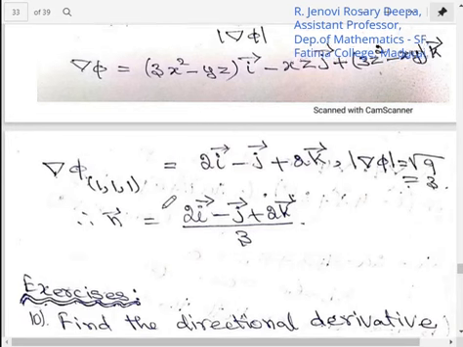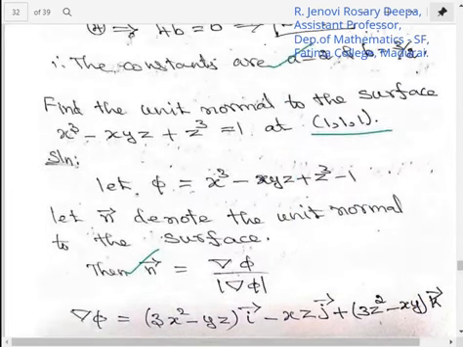This is the unit vector. So to find the unit normal vector, the formula is del phi divided by modulus del phi.